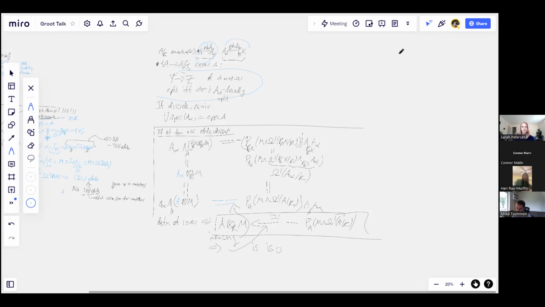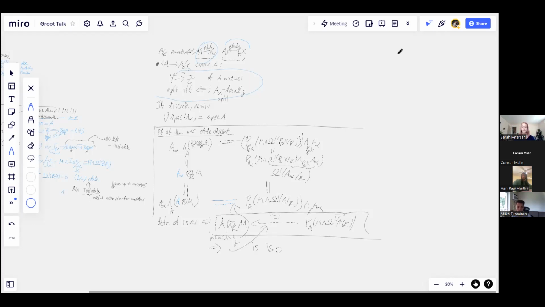Okay. So for discrete rings, you can check split surjectivity.